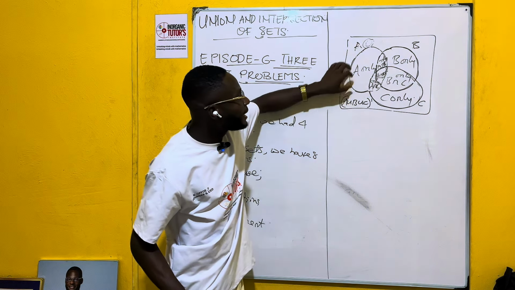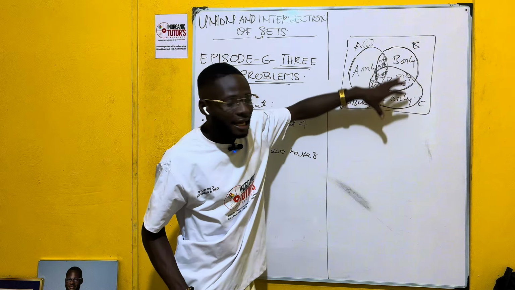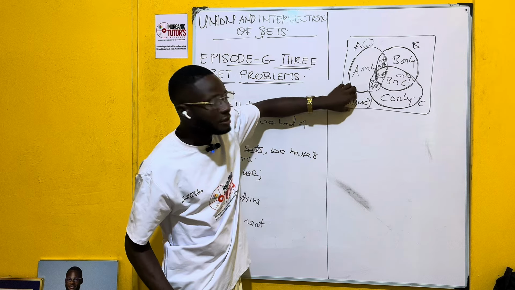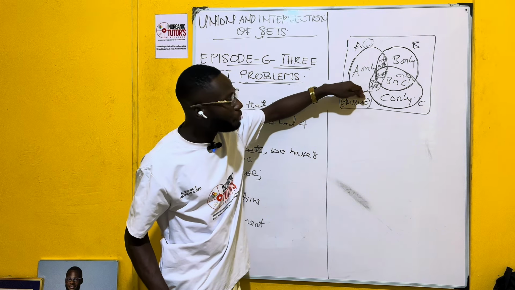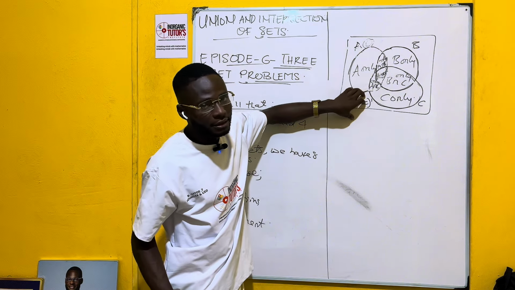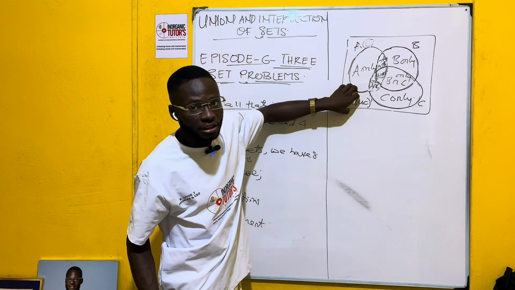So the element that lies outside the three sets becomes the complement, and we denote it as A union B union C or complement. So that is this particular section.